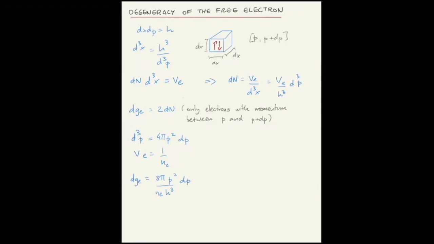Now, because this number is infinitesimal, it gives us only dni plus 1, not the full number of ions in the upper level.